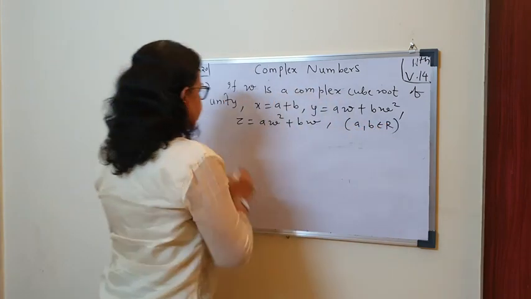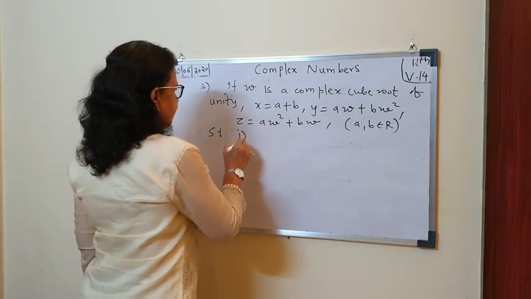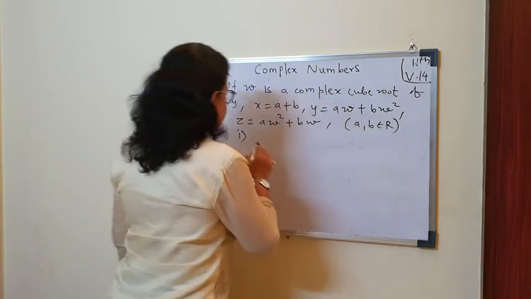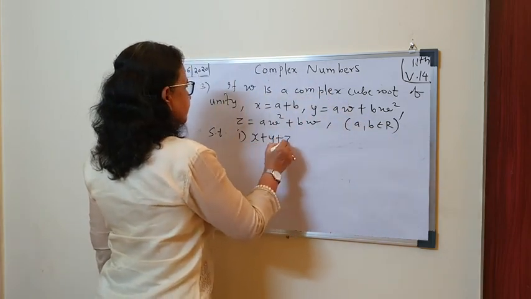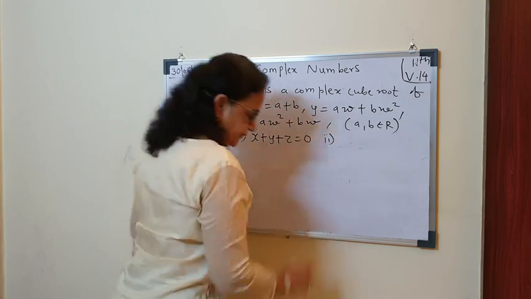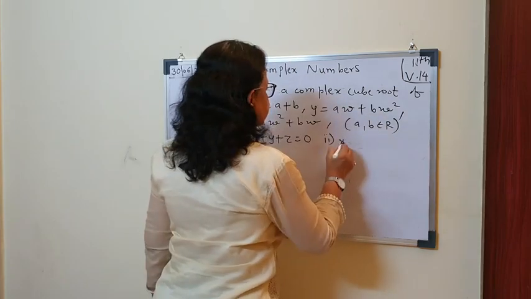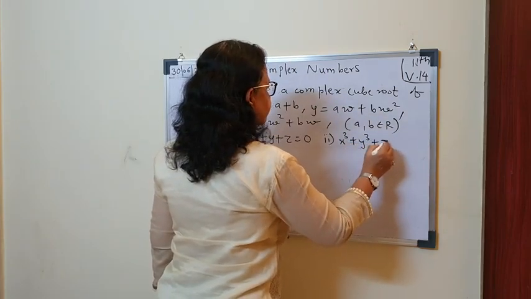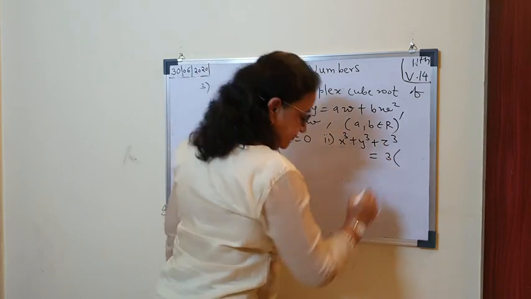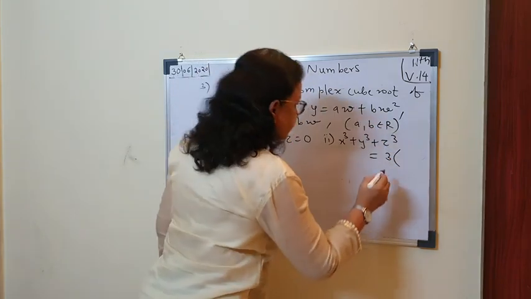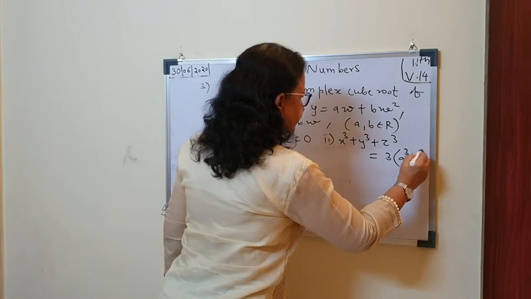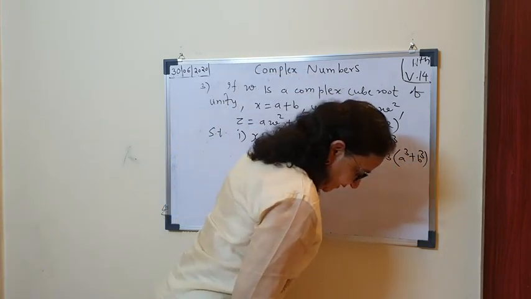They are real numbers. Show that number 1, x plus y plus z equal to 0. And number 2, x cube plus y cube plus z cube is equal to 3 into bracket a cube plus b cube.